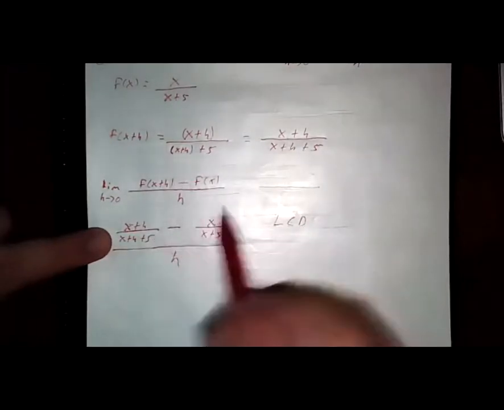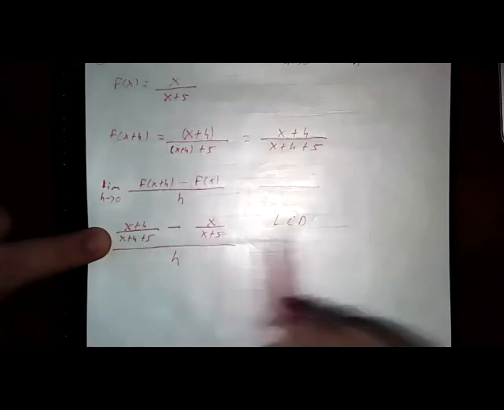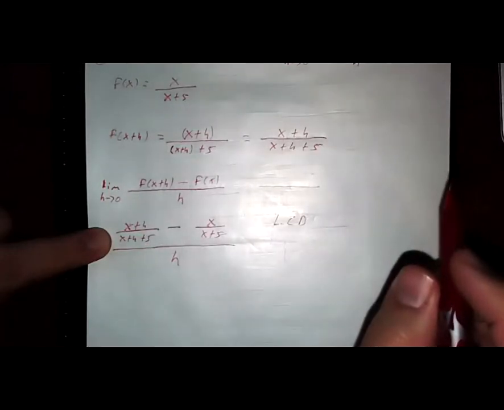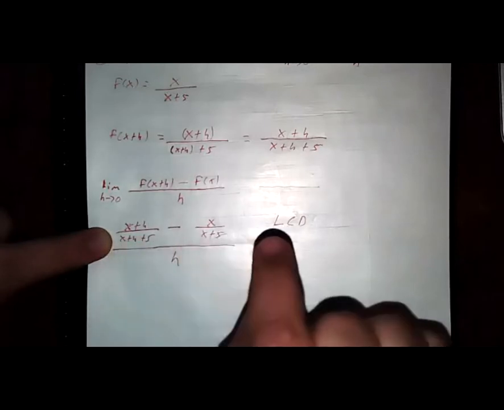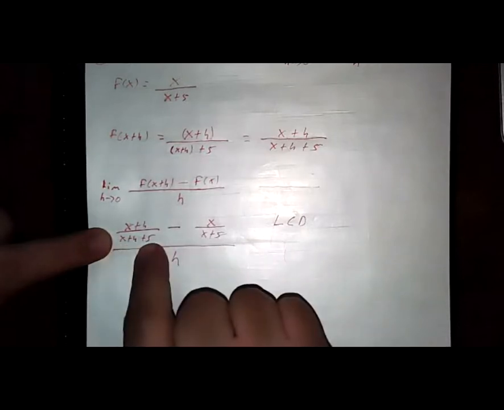First question, is this prime? Can I factor anything from x plus h plus 5? Wouldn't it be 5? Can you factor 5 from all three? Oh, no. Okay, now I got your question. All right, so it's prime, right? The bottom.